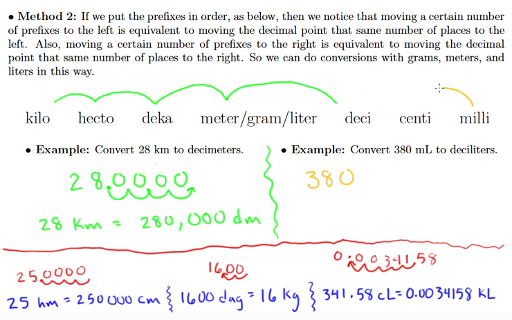To go from milli to deci, we have to go to the left 2. And so I will do the same thing in my number. So my decimal's hanging out here to the right of the 0. So I'm going to go left 1, 2. And so what I have is that 380 milliliters is equivalent to 3.8 deciliters.